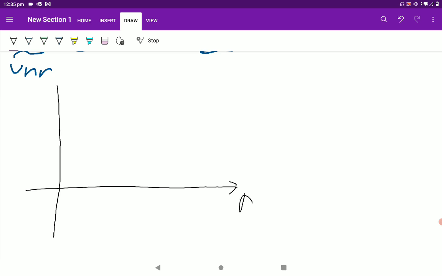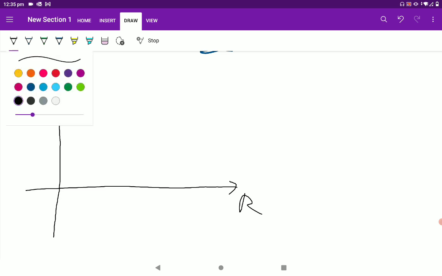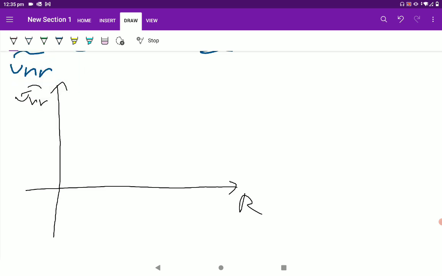This is R and this is the effective potential, and the effective potential looks something like this.